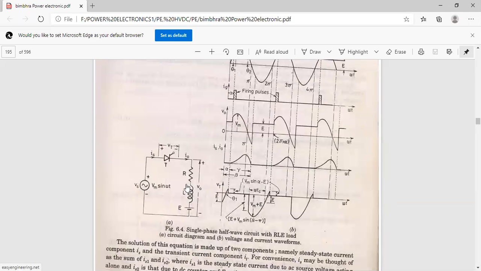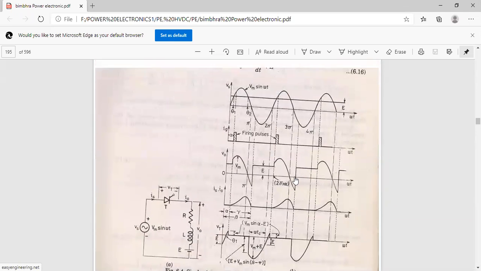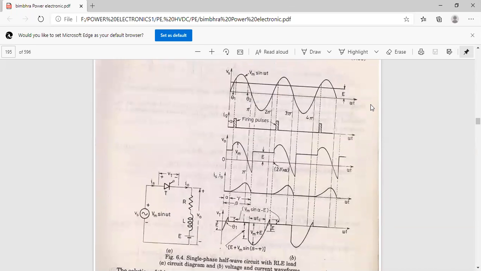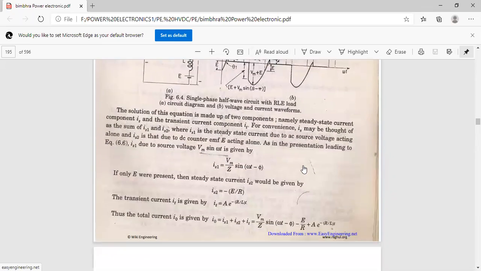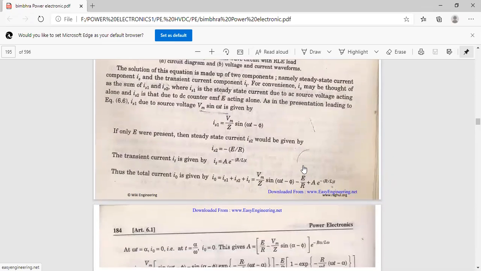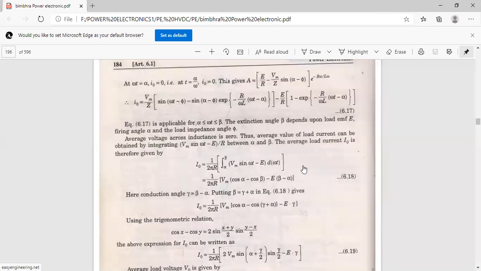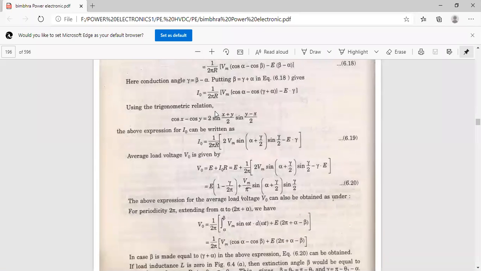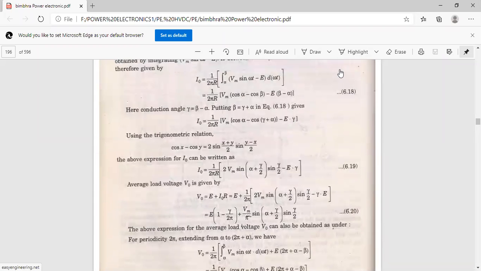This is single phase half wave rectifier RLE load, page number 183. Page number 183 for the fourth question. The circuit diagram, waveform, and derivation, only the equations whatever I am telling you, note down. Equation 6.18, note down. You have to write this equation 6.18.